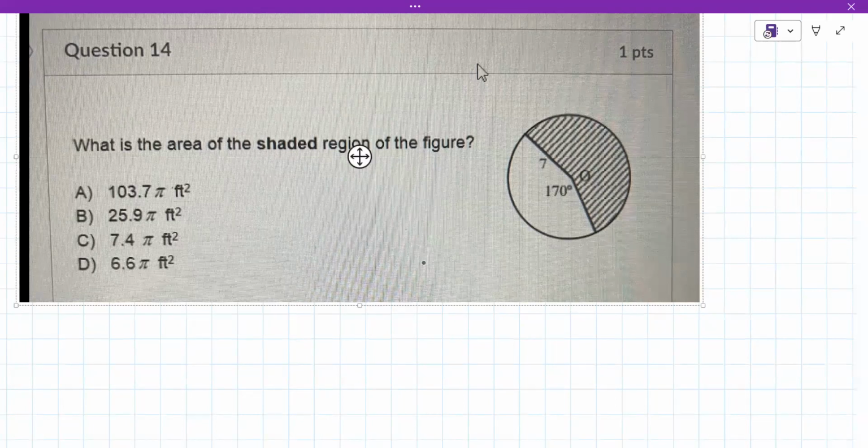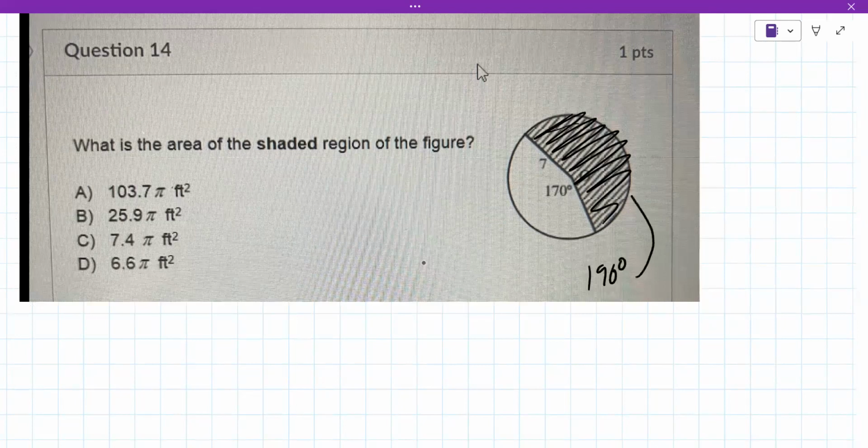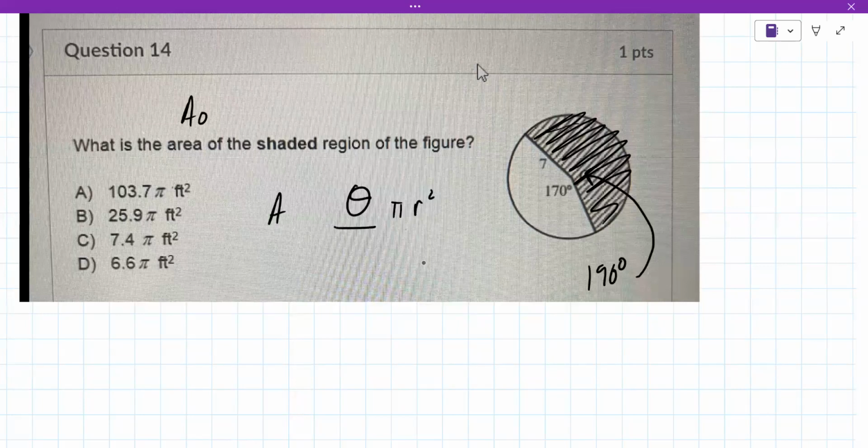So the shaded region is the part over here with the hashes. The angle measure is 190 degrees, because the two of them have to add up to 360. The area of a circle is normally pi r squared, but because we don't want the whole circle, we just want the angle out of 360. We want the piece.